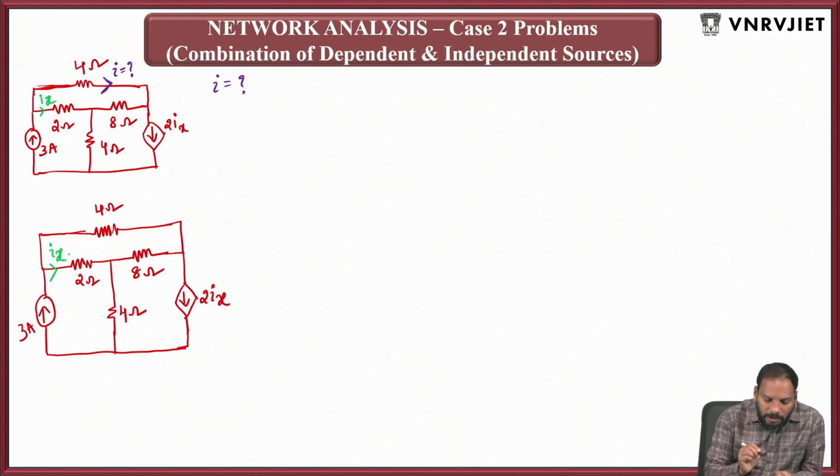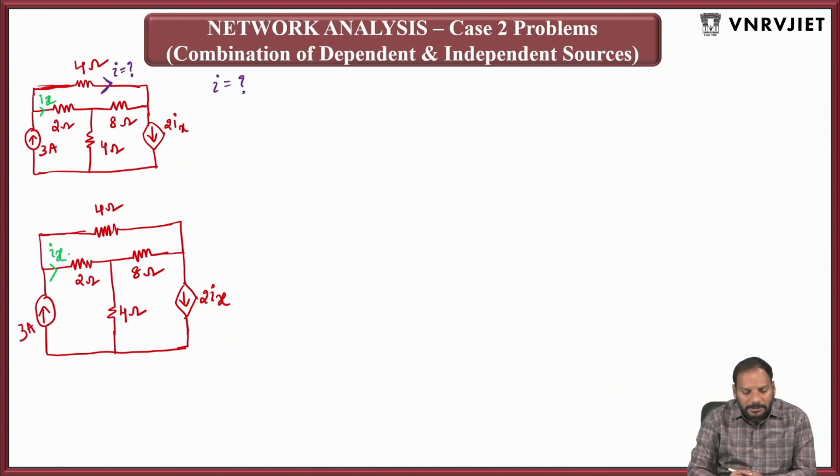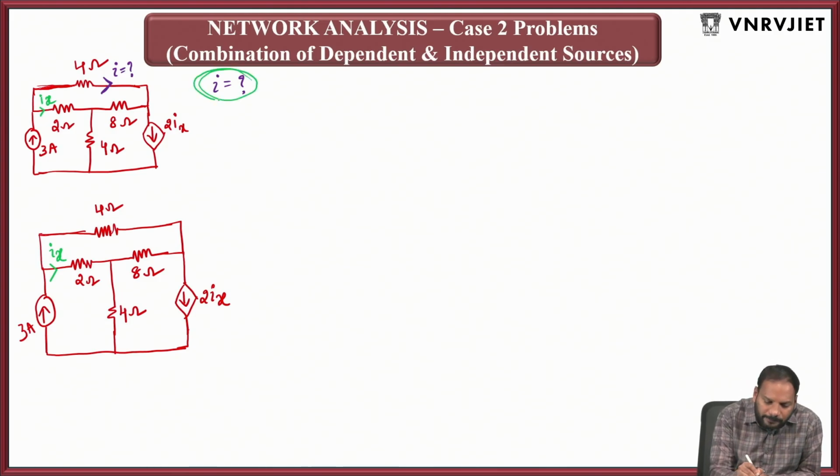Ix you compulsorily have to take, it is mandatory, because the dependent source current depends upon Ix. If you remove Ix, you will be in trouble. Only the current I is being asked, so that current you can eliminate. Is it clear?